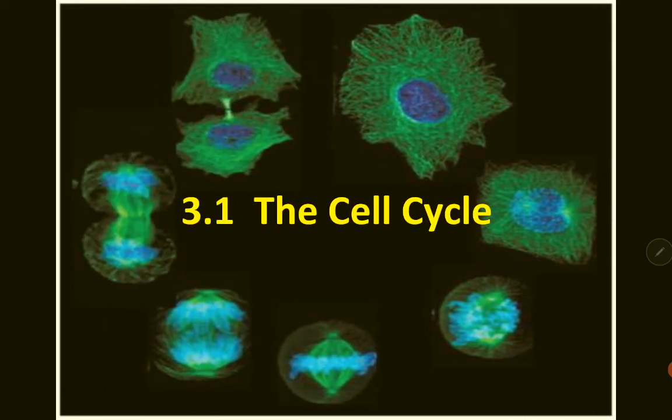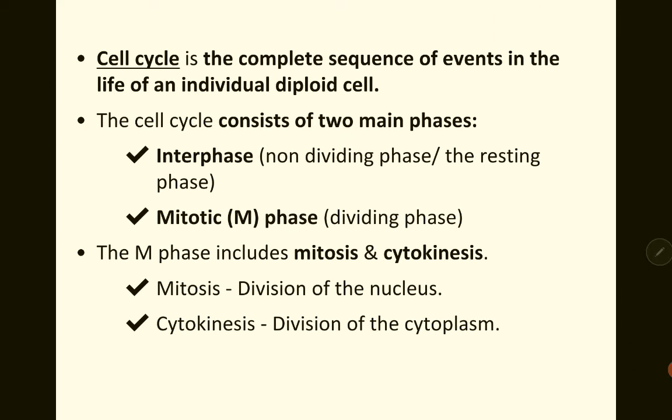So now we are going to learn about the process of the cell cycle. The cell cycle is a complete sequence of events that occurs in the life of an individual diploid cell, which is 2n. Haploid cells do not have the process of the cell cycle. The cell cycle consists of two main phases.